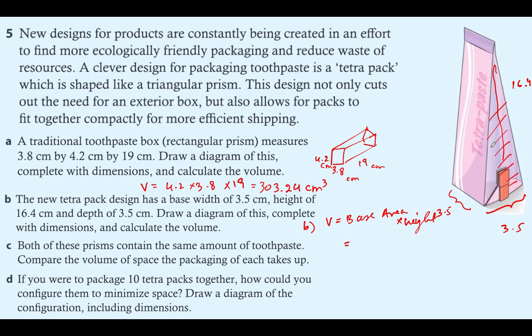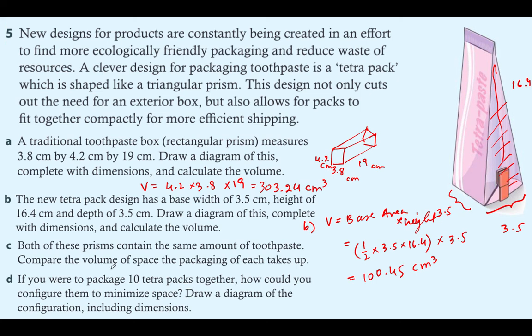So base is a triangle, so we will use the formula for area of a triangle, that is half into base is 3.5 and height of the triangle is 16.4. Now the height of the prism, that is 3.5. So when you multiply these, 1 upon 2 times 3.5 times 16.4 times 3.5, you get 100.45 cubic centimeters.